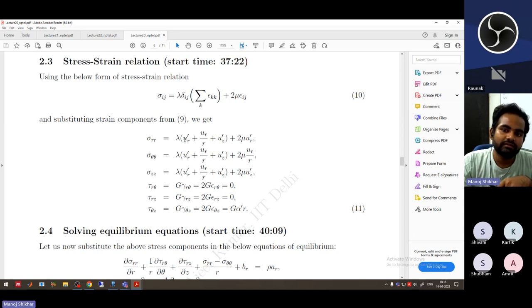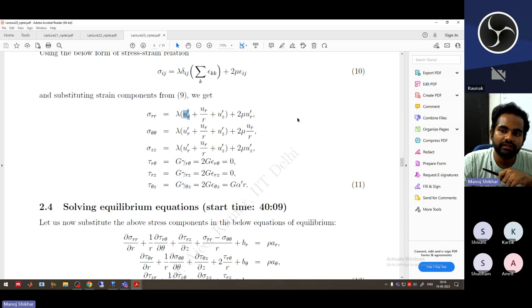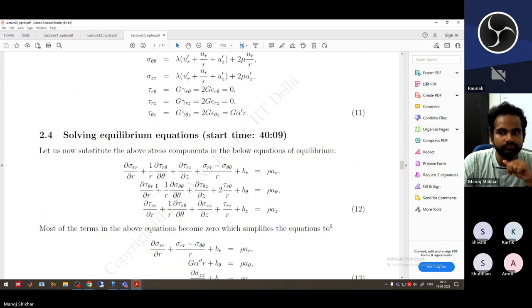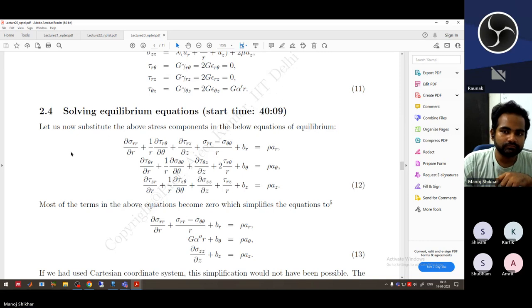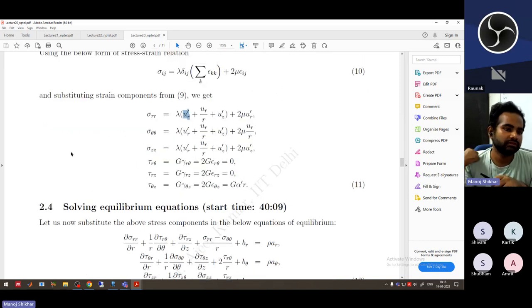And here U prime means the differentiation of that quantity. So U prime R is del UR by del R. So we have discussed the displacement, the strain matrix, and the relation between stress and strain.